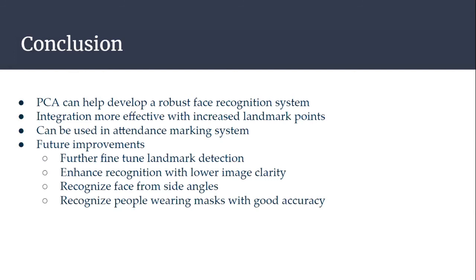The integration would be more effective with increased landmark points, as we could see from the results. And this system could be used in a plethora of different fields. A primary example could be the implementation of the system in an attendance marking system where we could clock in or clock out employees, or mark a student present or absent.